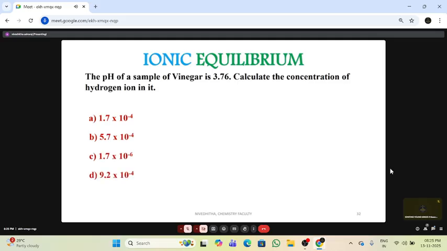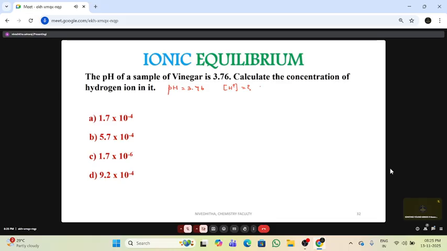The pH of a sample of vinegar is given as 3.76 and they're asking us to calculate the concentration of hydrogen ion in it. So from the value of pH we have to calculate H+ ion concentration.